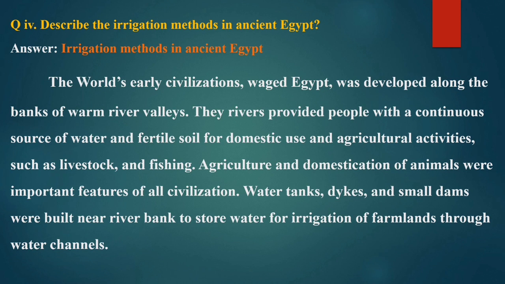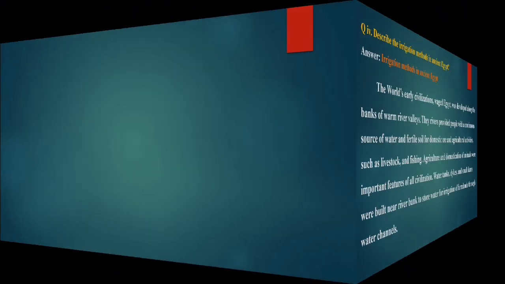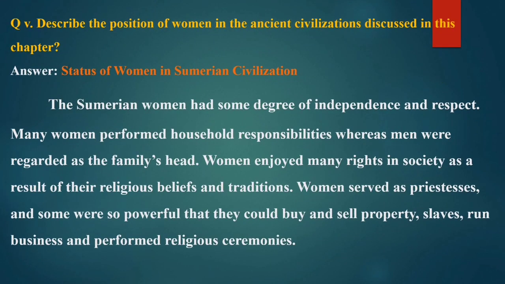Yes. Okay. Describe the position of women in the ancient civilizations discussed in this chapter. Status of women, Sumerian civilization. Sumerian women had some degree of independence and respect. Many women performed household responsibilities whereas men were regarded as the family's head.